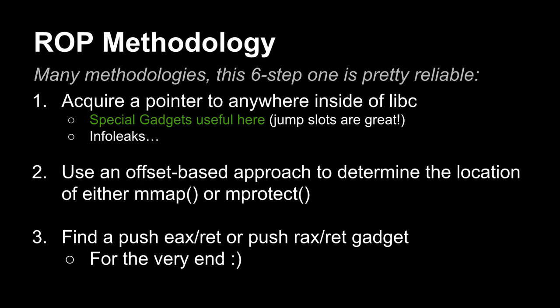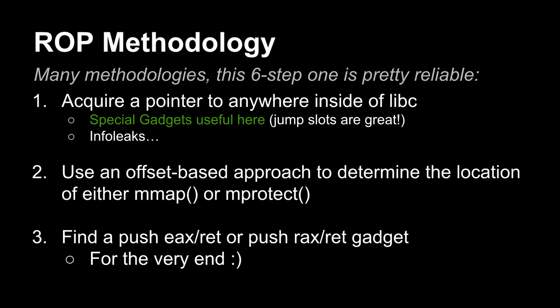The first step for exploiting the vulnerability with ROP is 1. Acquire a pointer to anywhere inside of libc. This is often accomplished through info leaks. However, if you can find and use special gadgets on the target, such as jump slots, these are very useful here for acquiring a pointer to libc.